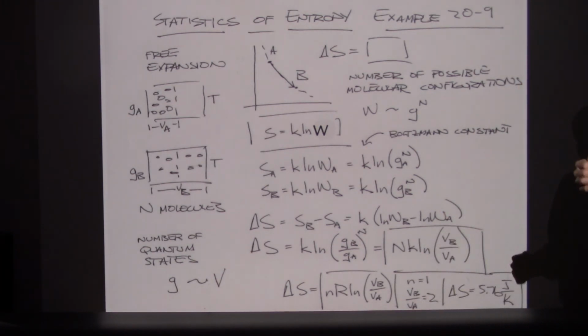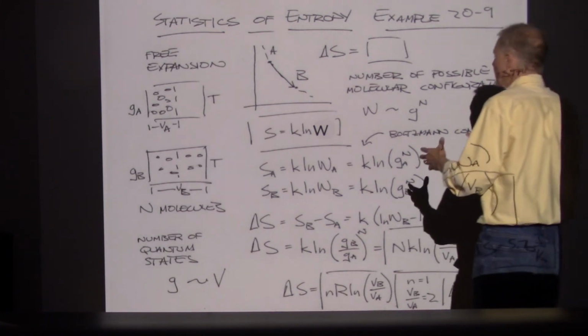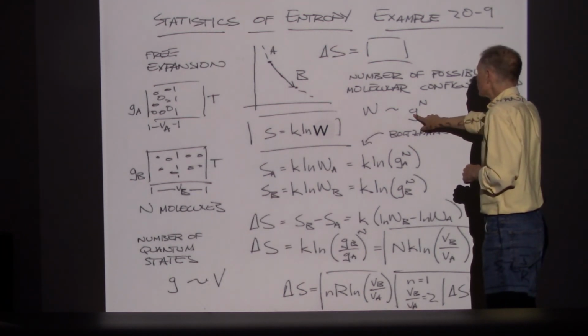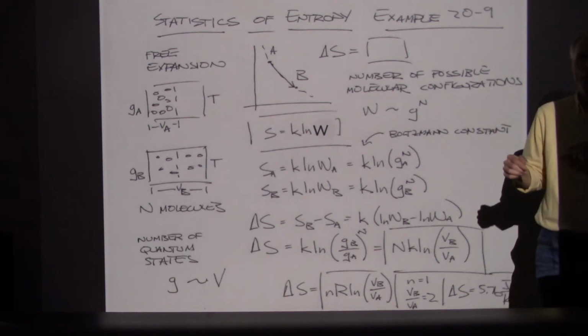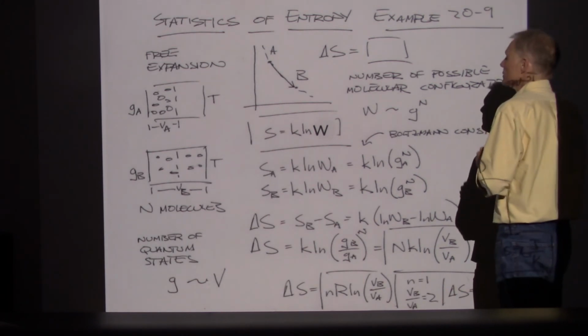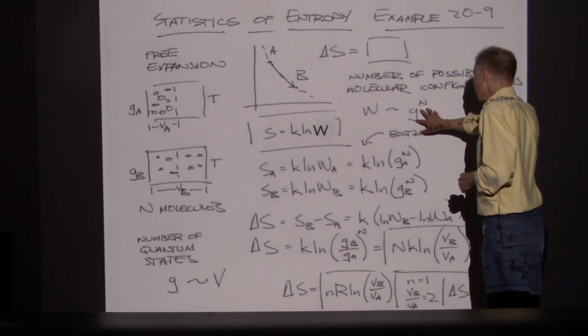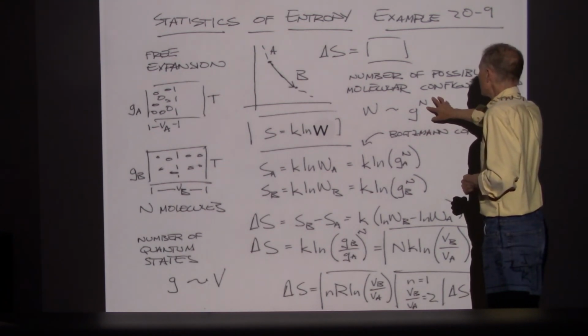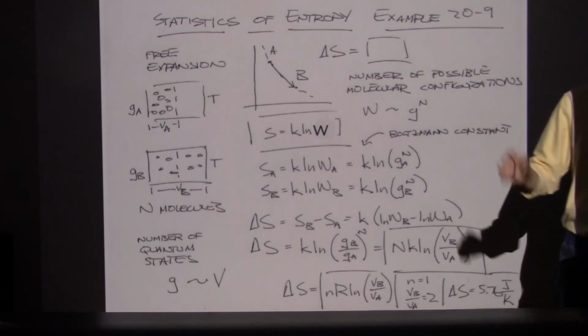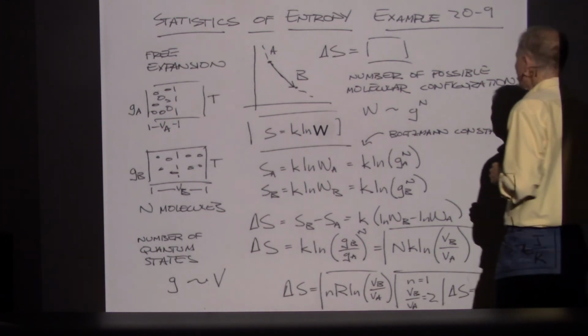That becomes a statement of how many different ways we could arrange the molecules. Now, this is assuming that the number of quantum states is much higher than the number of molecules, and in things like air, that's true. If we calculate how many quantum states there are, there are many, many more quantum states than molecules, and that means it's likely that any molecule can go into any state that's available.